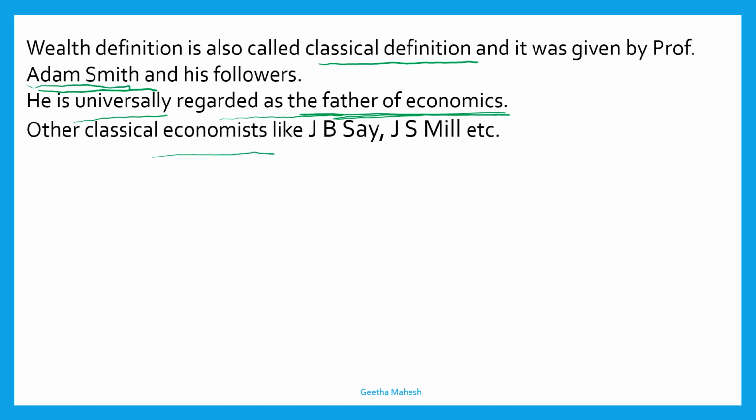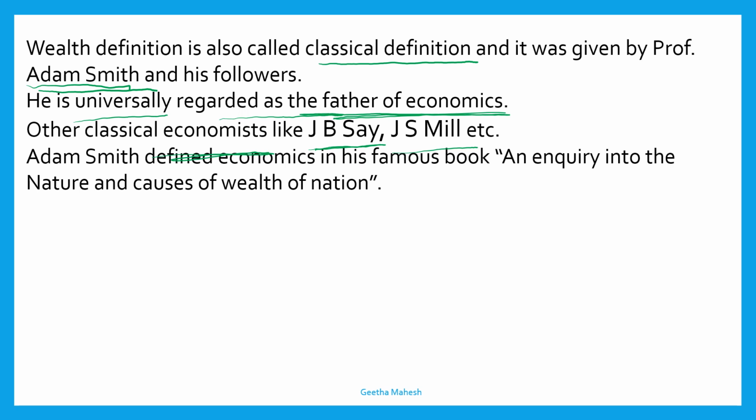Other classical economists like J.B. Say, J.S. Mill, A.C. Pigou are called classical economists. Even though A.C. Pigou is a modern economist, his thoughts match with the classical thoughts, so he is known as a classical economist.